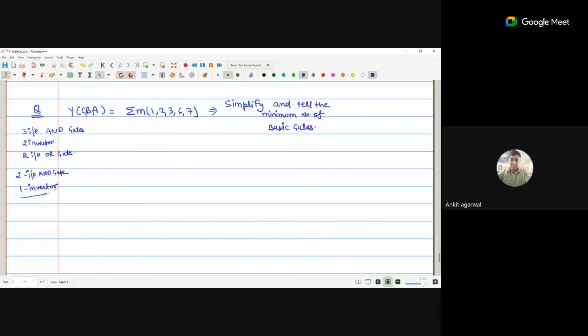Okay, so let's check. So we have 1, 2, 3, 6, and 7. In binary these are 001, 010, 011, 110, and 111. So for the first one, what is the term?